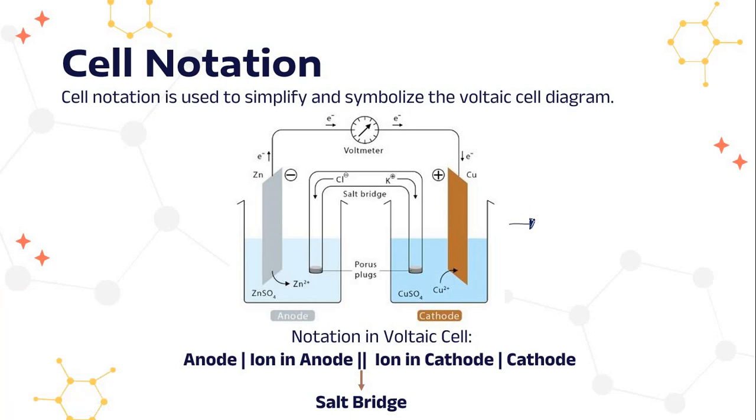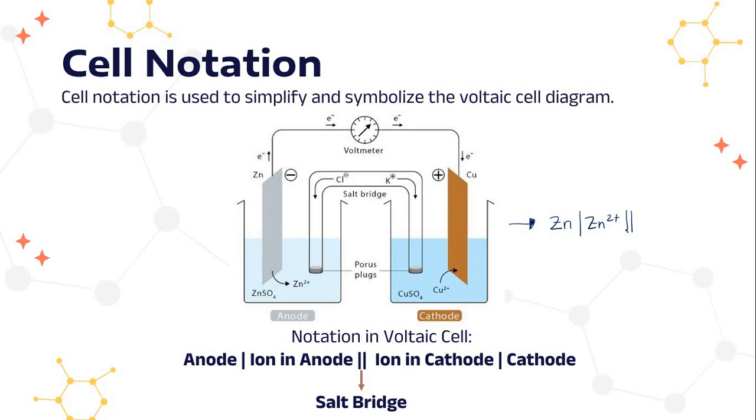Okay, I will try to write the notation. Starting from the anode, which is zinc, and then separate with a line. Continue with the ion that is produced in the anode, which is zinc 2 plus. After that, please separate again with two lines. The two lines represent the salt bridge.